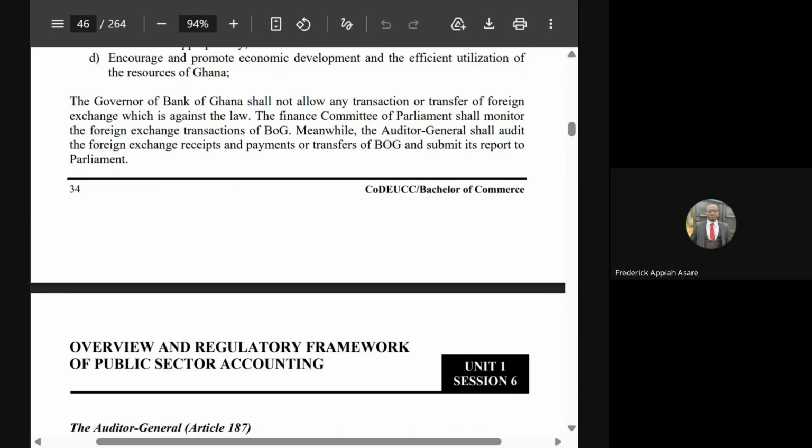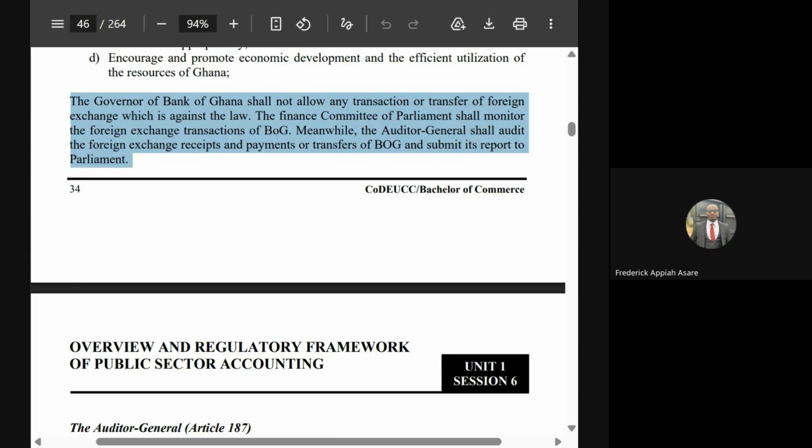The governor of BOG shall not allow any transaction or transfer of foreign exchange which is against the law. The Finance Committee of Parliament shall monitor the foreign exchange transactions of BOG. Meanwhile, the Auditor General shall audit the foreign exchange receipts and payments or transfers of BOG and submit its report to Parliament. So there are checks and balances. BOG has to make sure that they don't allow any foreign exchange that is against the law.